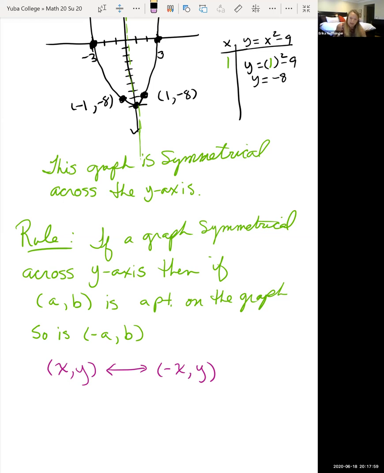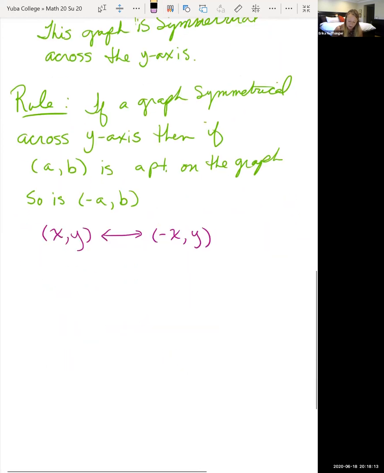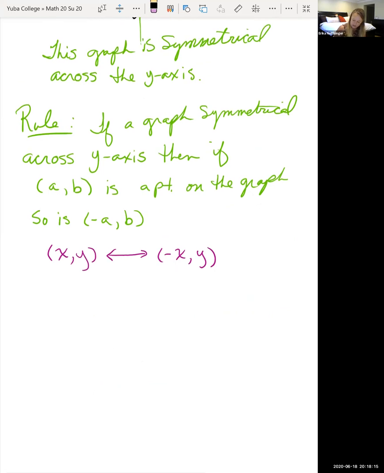So it makes it faster to graph. Okay, so let's talk about symmetrical across the x-axis. Actually, before we do that, let me also give you another rule.